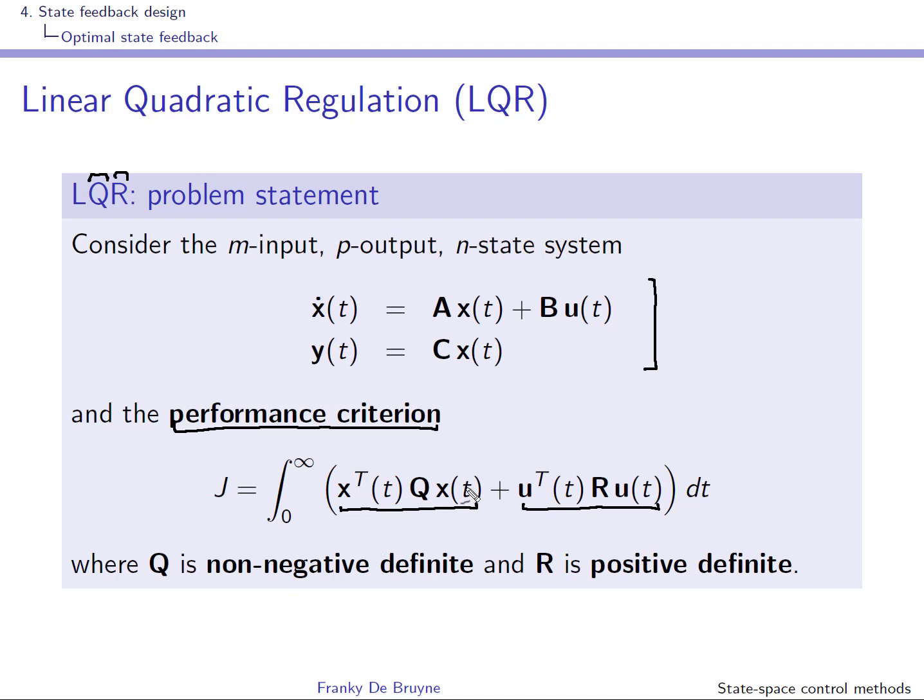The matrix Q over here is non-negative definite, which means that this term is larger or equal to 0 for any x, and this one is, since R is positive definite, larger than 0 for any nonzero u. So we really want to impose a penalty for any nonzero u.